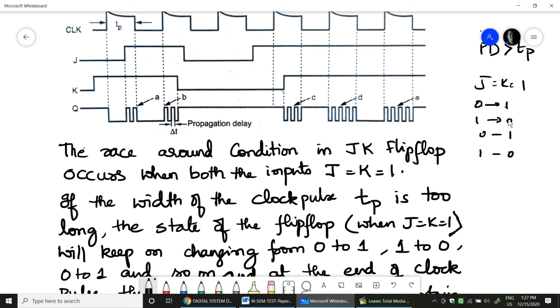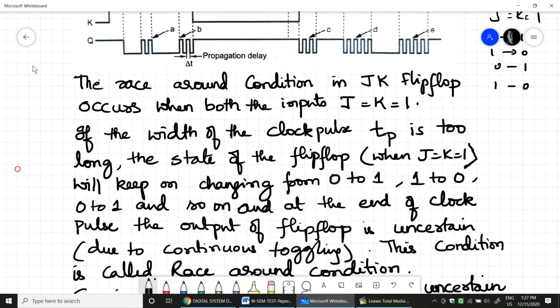Therefore, the speed reduces, and you can easily see the changes happening from 0 to 1 or 1 to 0. So you can clearly watch the state properly. That is what we need to avoid this race around condition.